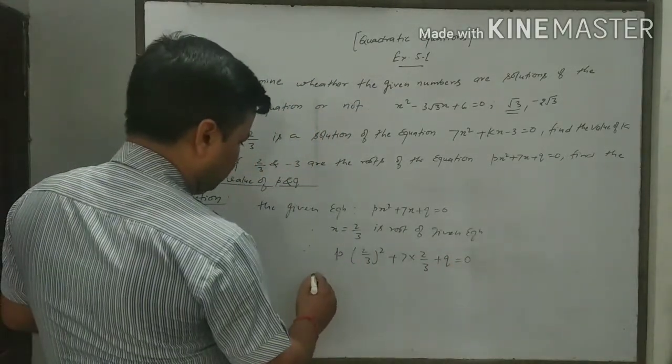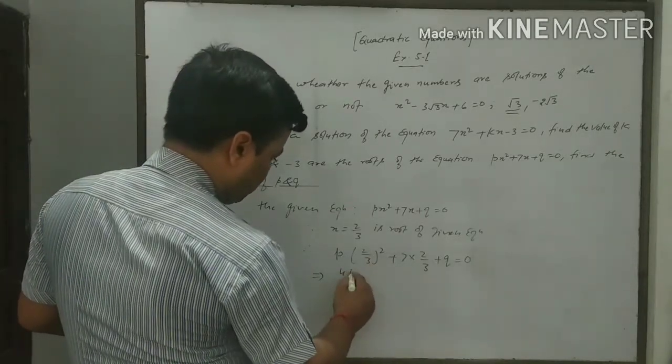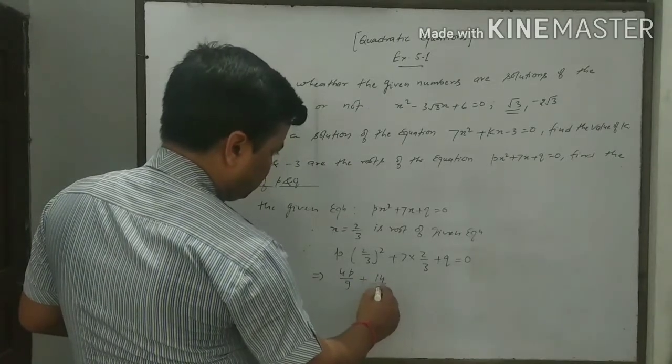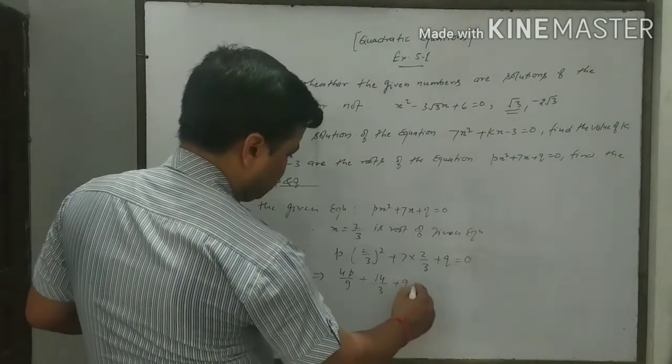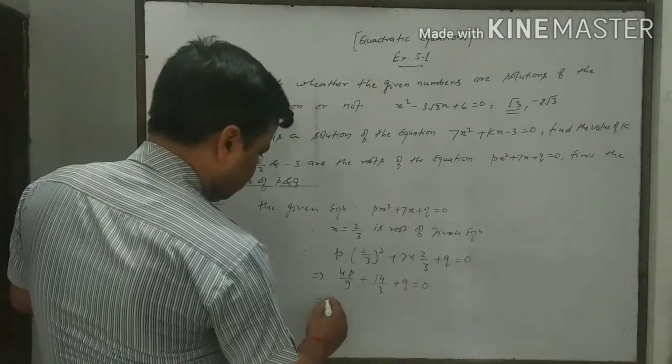It will take this form: 4p/9 + 14/3 + q = 0.